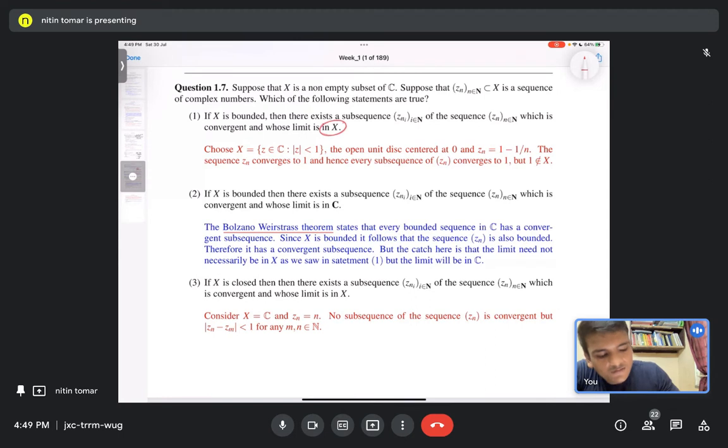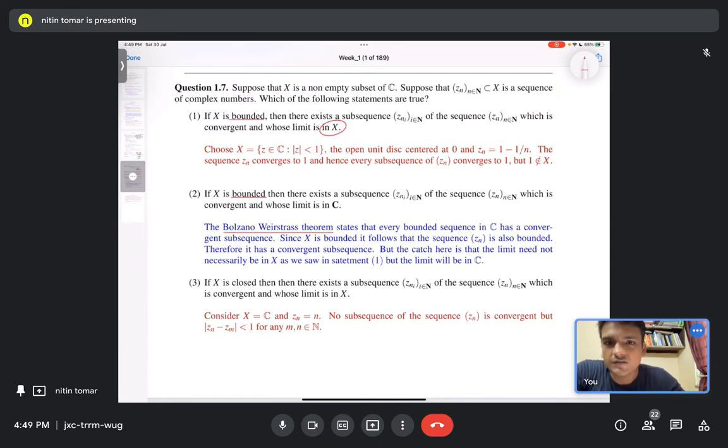So the major difference between 1 and 2 is this part. In both the questions we were given the bounded set X, and the same thing was asked, whether or not every sequence will have a convergent subsequence. But the main difference is, convergent in what?